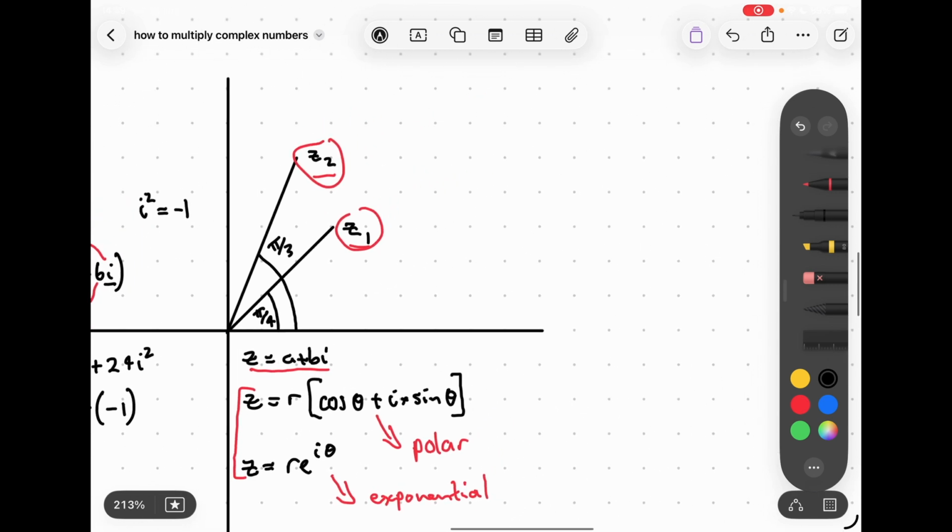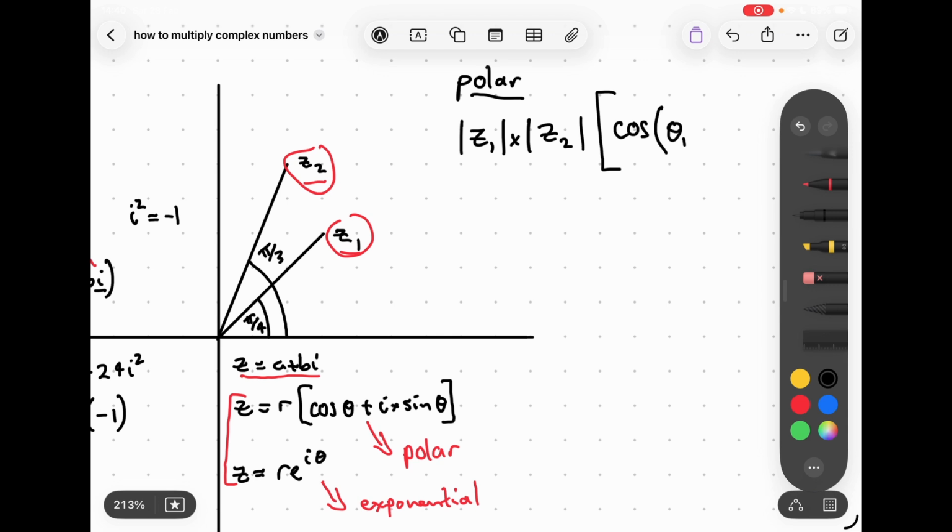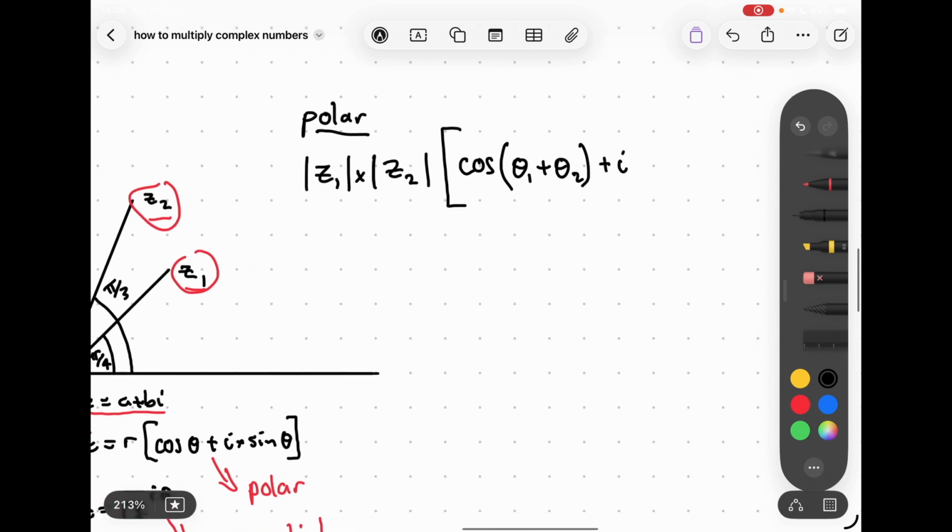So for polar, we are going to multiply the moduli, the argument of z1 times the argument of z2, and we're going to have that outside of cos of theta 1 plus theta 2 plus i times the sine of theta 1 plus theta 2.